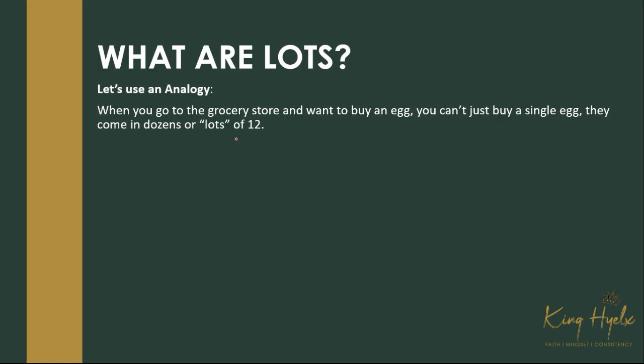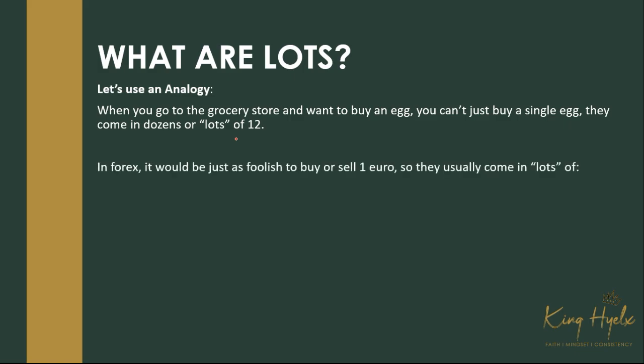So in Forex, it would be just as foolish to buy or sell €1. So they usually come in lots, because what you have to understand is that this change in exchange rate that used to happen on the charts doesn't happen like, let's say, a change of €1 or €2. So if you are just buying or selling €1, you are not going to make money, right?